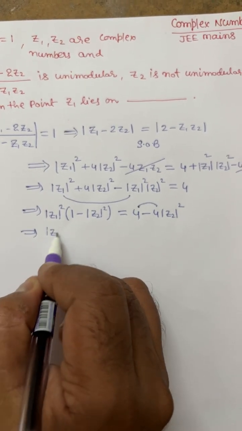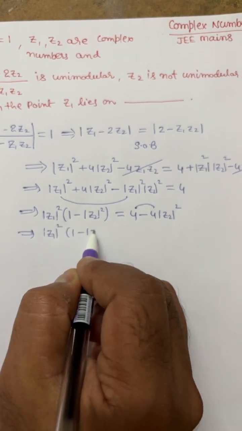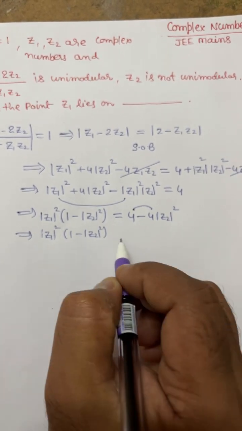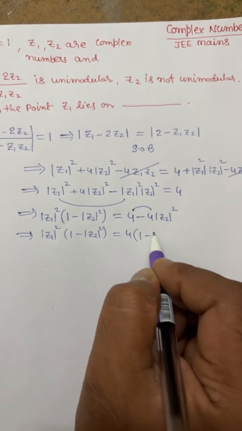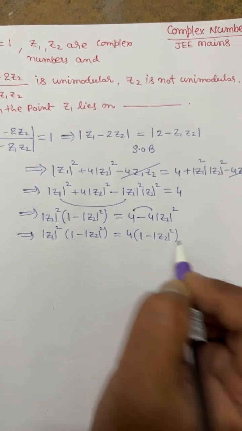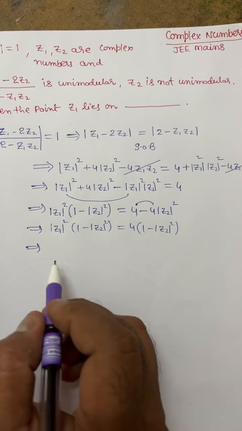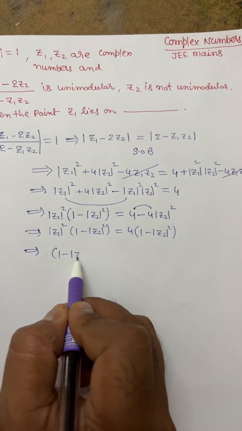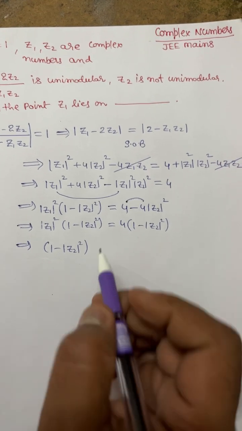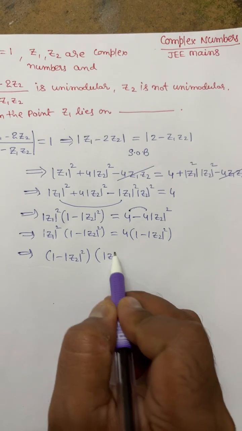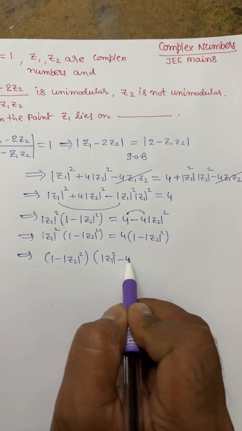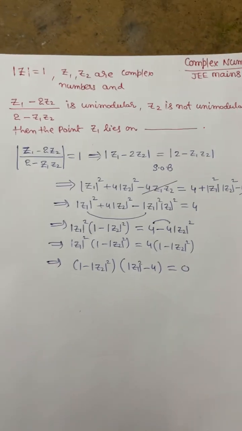So mod z1 square into (1 minus mod z2 square) equal to 4 times (1 minus mod z2 square). So ultimately from both sides we take out common (1 minus mod z2 square) into (mod z1 square minus 4) equal to 0.